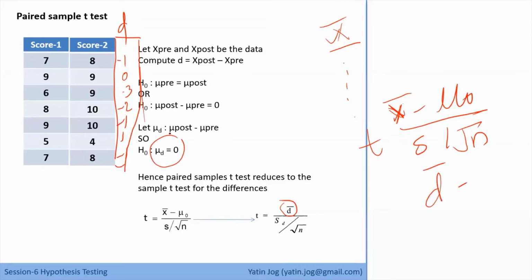Minus mu naught is 0, that becomes 0, divided by the standard deviation of this column, SD divided by root n. So d bar minus 0 is d bar divided by SD upon root n. So that is how we formulate the t statistic for paired sample. The formula is d bar divided by SD upon root n.